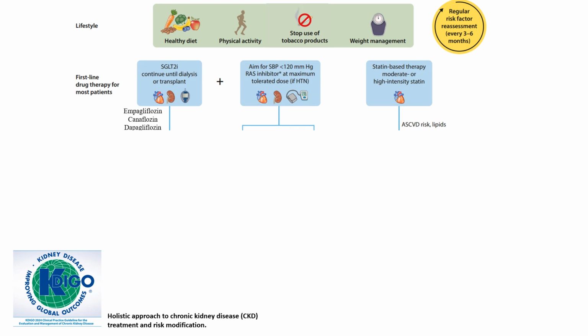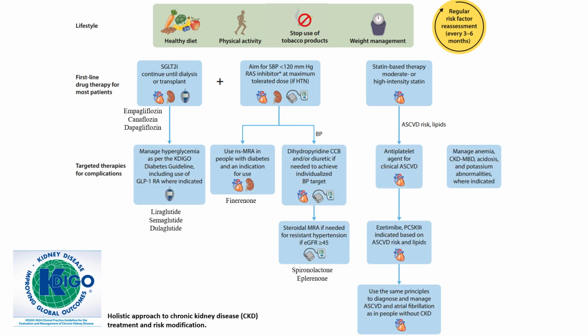First-line drug therapy for most patients include the use of SGLT2 inhibitors, the use of RAS inhibitors as safely tolerated for blood pressure control, and the use of statins for modifications of cardiovascular risk. Targeted therapies for slowing CKD progression and managing CKD and cardiovascular complications are also outlined in this algorithm.